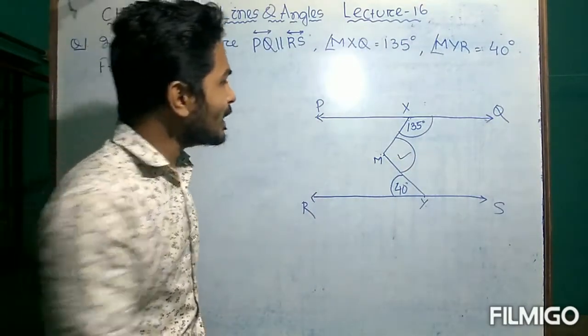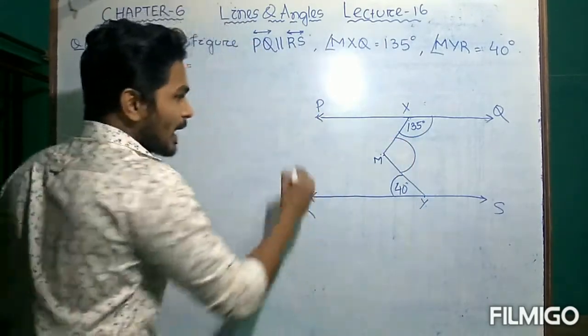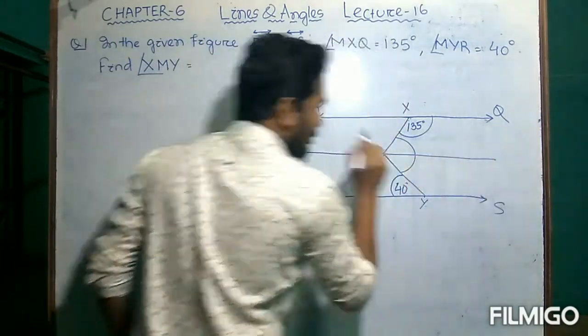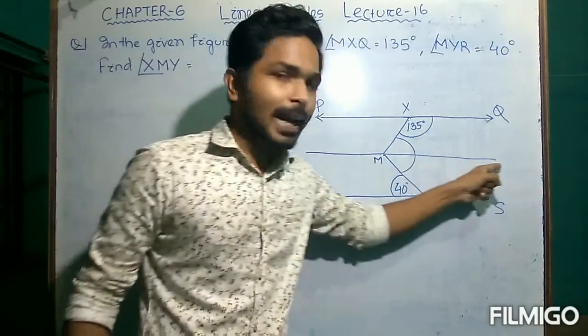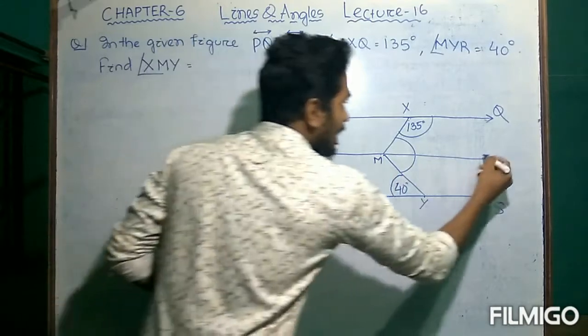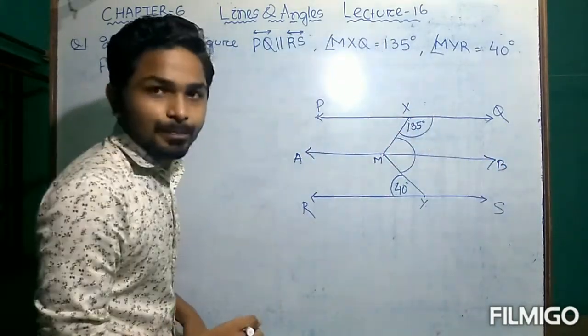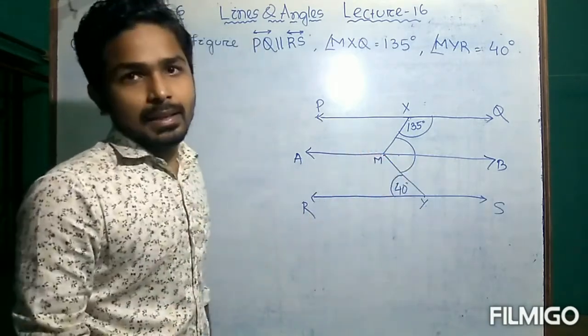How can we find it? We can draw a line passing through the point M such that this line AB is parallel to the line PQ, and that line is also parallel to the line RS.